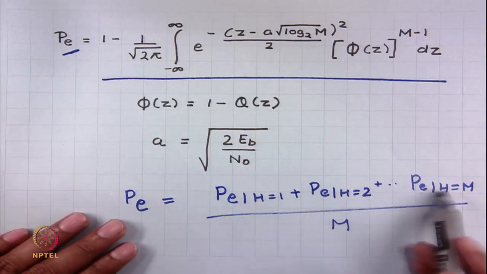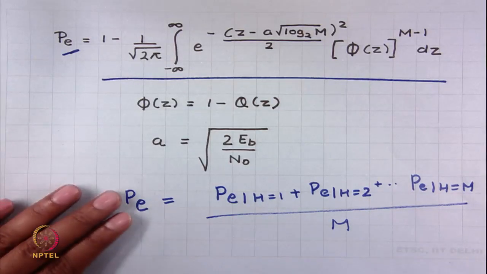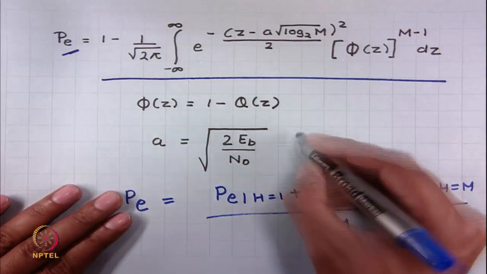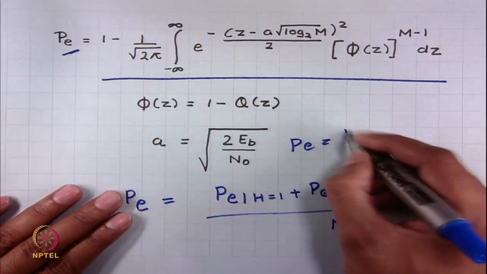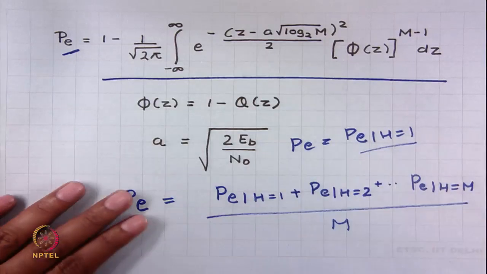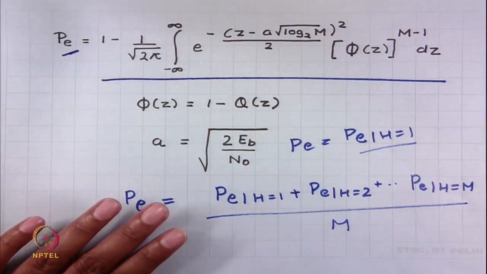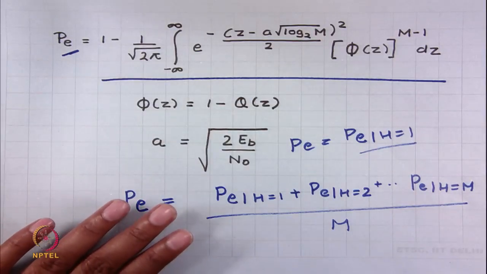And if all these probabilities of error are the same, then the overall probability of error is also simply the probability of being in error if hypothesis 1 is transmitted. So, this also gives us the average probability of symbol error.